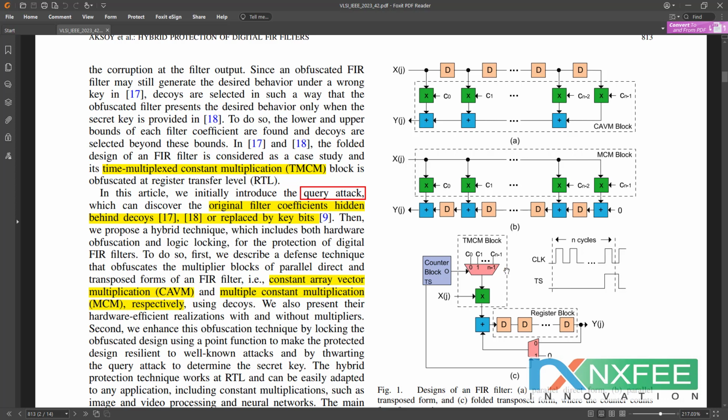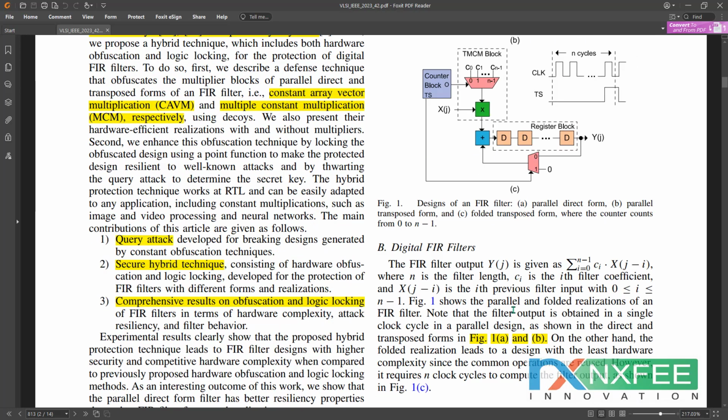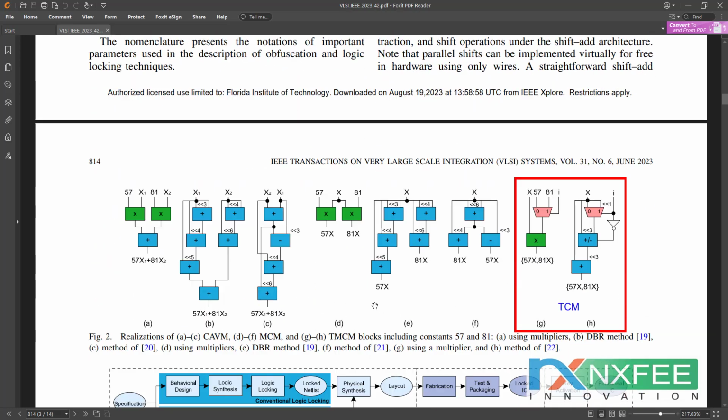The multiplexer selection point decides which coefficient we multiply and at which time. This counter block decides everything. Here are the proposed architectures for the multiplication part, meaning coefficient-based multiplications, and they give some examples.